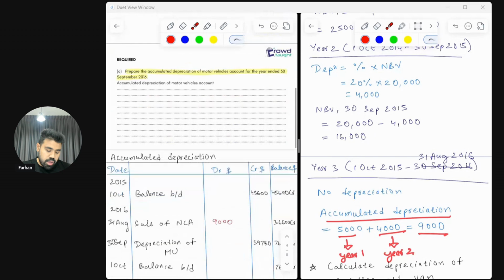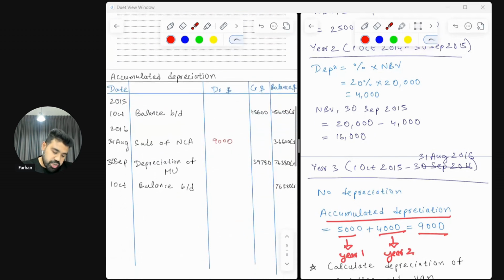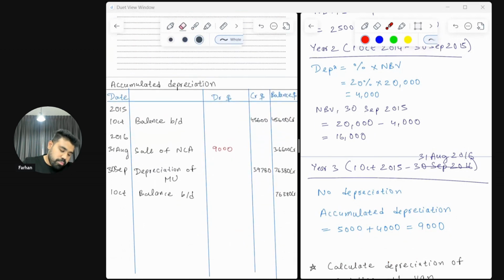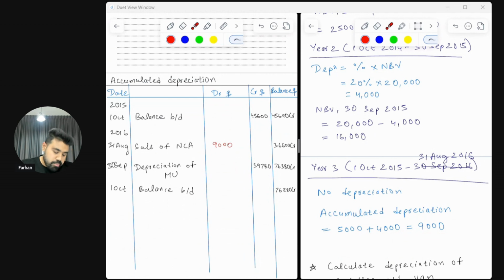Okay. So here we have the accumulated depreciation account, and you can see I've already prepared the account in 5-column format. Now, you can see I've started with 1 October 2015, opening balance of 45,600, which is on the credit column. And the reason this is on the credit column is because accumulated depreciation is a contra asset account, and contra asset basically means an account which records the reduction for a relevant non-current asset account, which is the motor vehicles account.